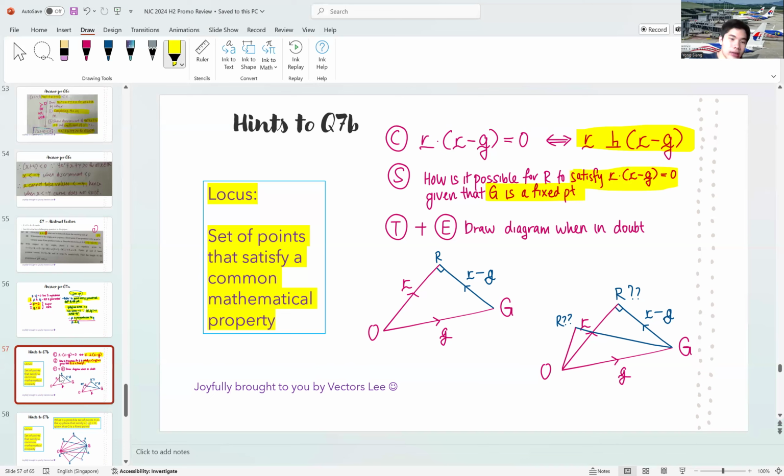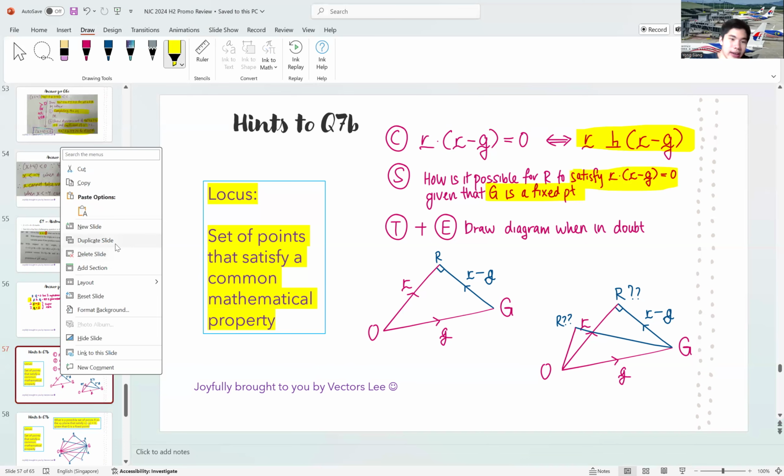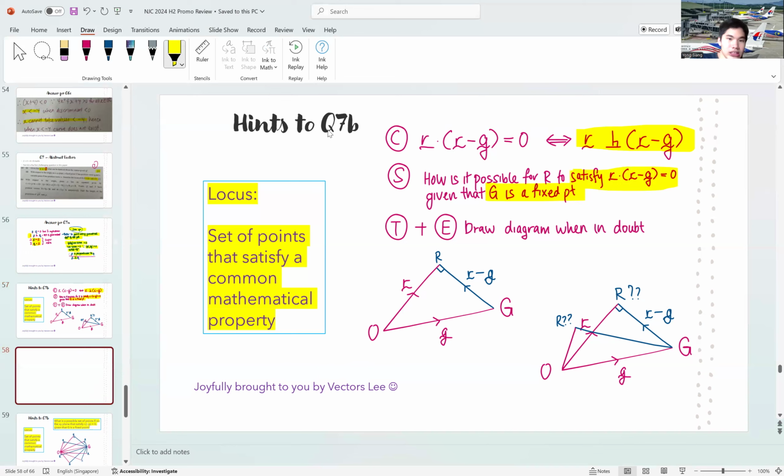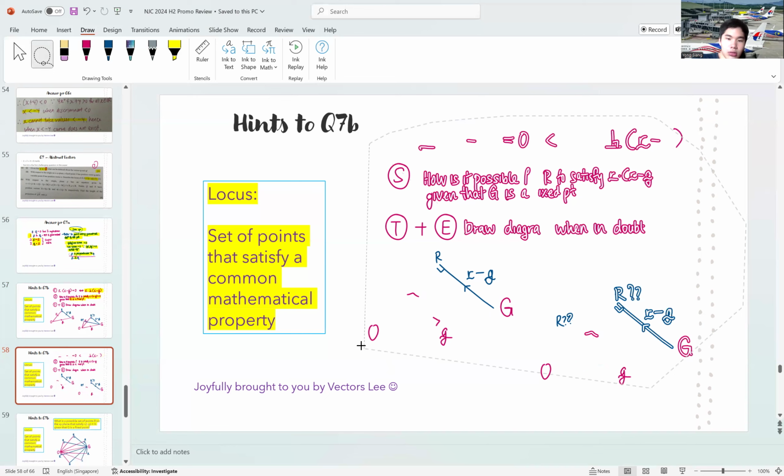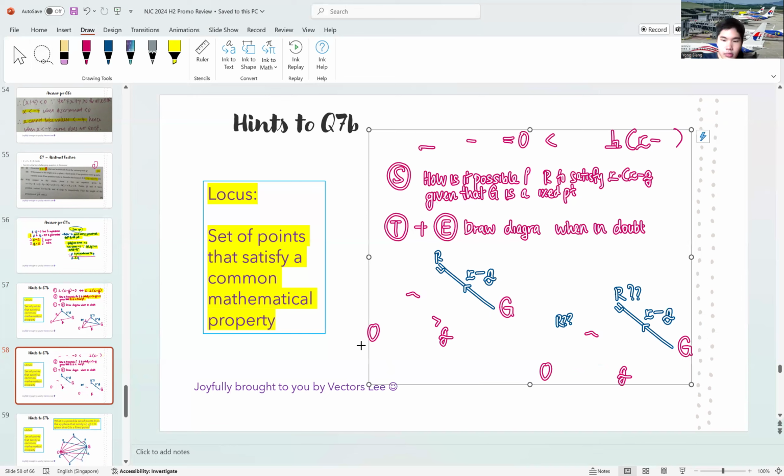So what I'm going to do now is a side track, and then I'm going to talk about locus. I'm going to erase all these things over here.